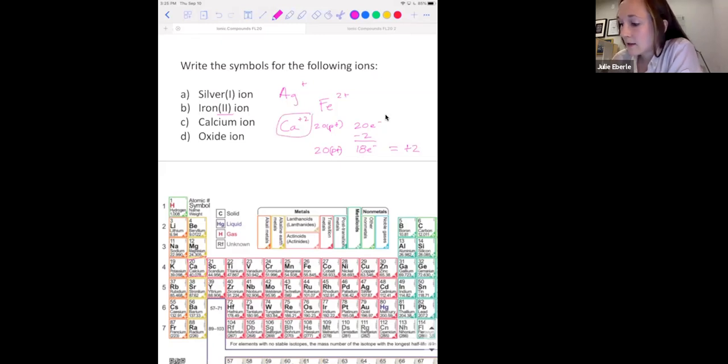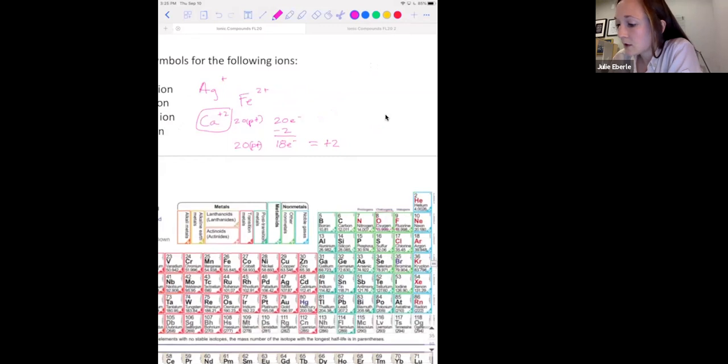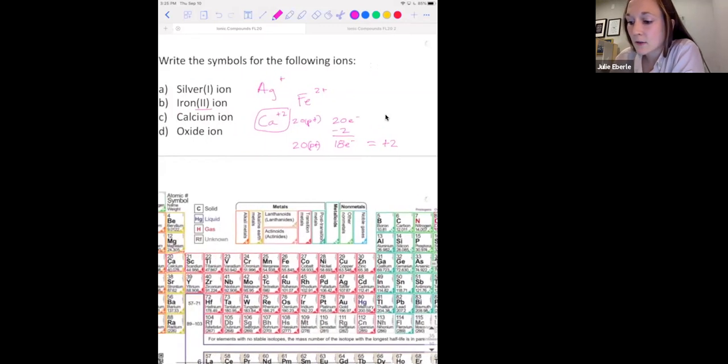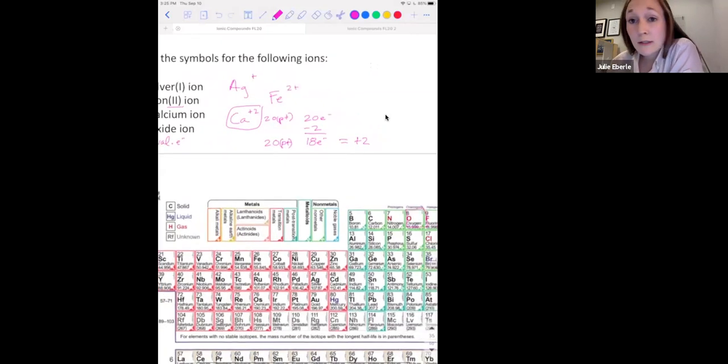And oxide, oxygen is right here, main group 6. So that means we start out with 6 valence electrons. Okay. It wants to have an octet. So is it going to lose 6 or is it going to gain 2? It's going to gain 2.